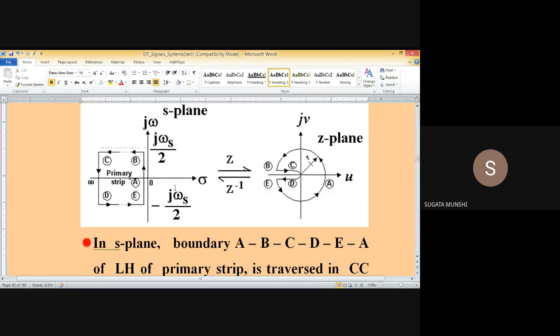Why do I say that this point A will map into that point A in the Z plane? Because of the same logic I put forward a few minutes back, that it corresponds to the origin. So the magnitude of Z will be 1, and the argument of Z will be 0. Therefore, this point will map onto that point, unit distance away from the origin of the unit circle in the Z plane.